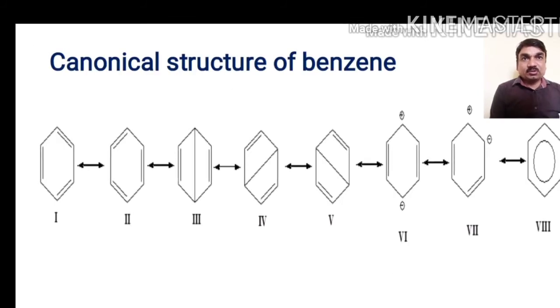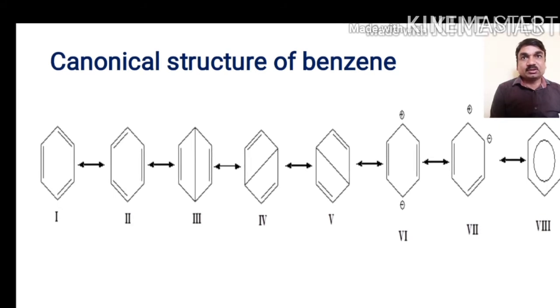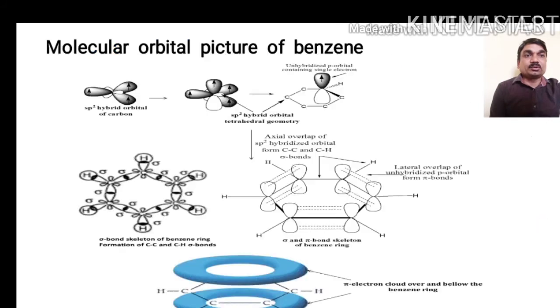On the basis of resonance, benzene is believed to be a resonance hybrid of a number of canonical resonating structures. All these structures are canonical forms of the real structure of benzene, and actual benzene is a resonance hybrid of all these Kekulé structures. The first and second are more stable, contributing 80% towards the resonance. So these are the resonating structures of the molecule.